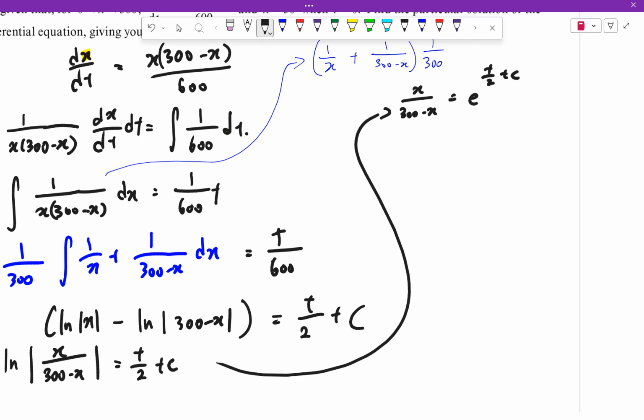Now, what you need to do is make x the subject, basically. Okay, this is probably one of the hardest parts. But you can actually make life easier by taking the reciprocal on both sides.